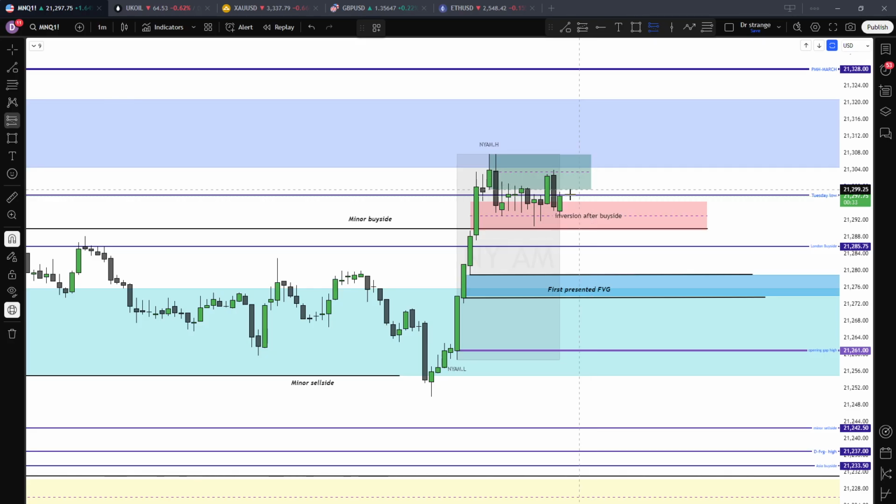Let's wait for at least a market structure shift, with the shorts.